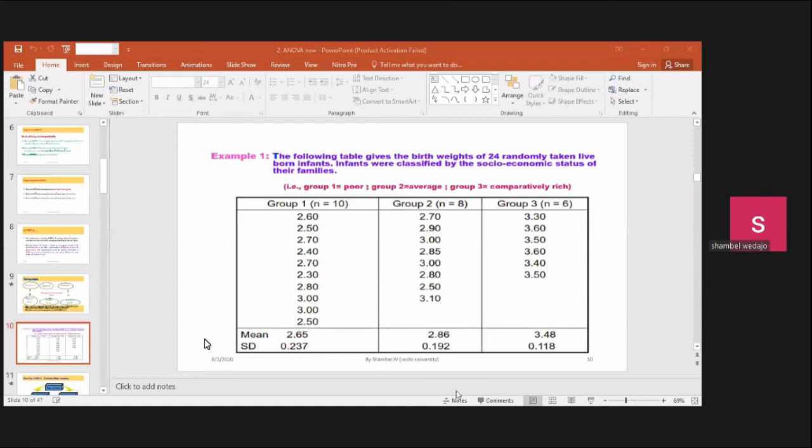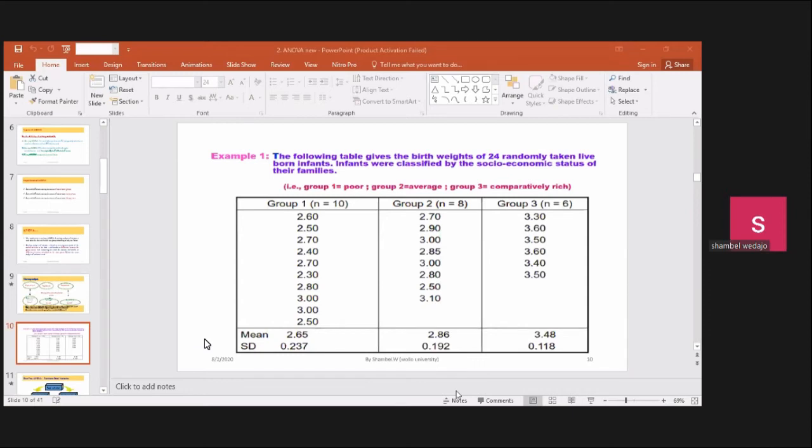So here, coming to 2.65, 2.86, 3.48, they have variation. Is this variation explained or unexplained? Yeah, it is explained, because of the grouping effect: someone is group 1, the other is group 2, the other is group 3.